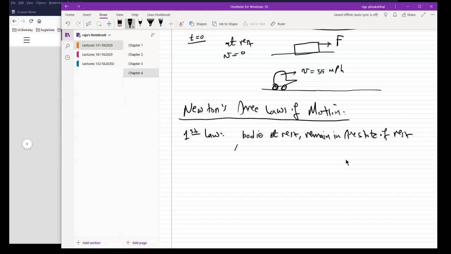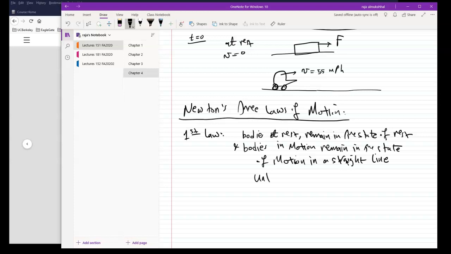And then the next sentence, and bodies in motion remain in the state of motion in a straight line unless they are compelled by a force, to change the state of motion.